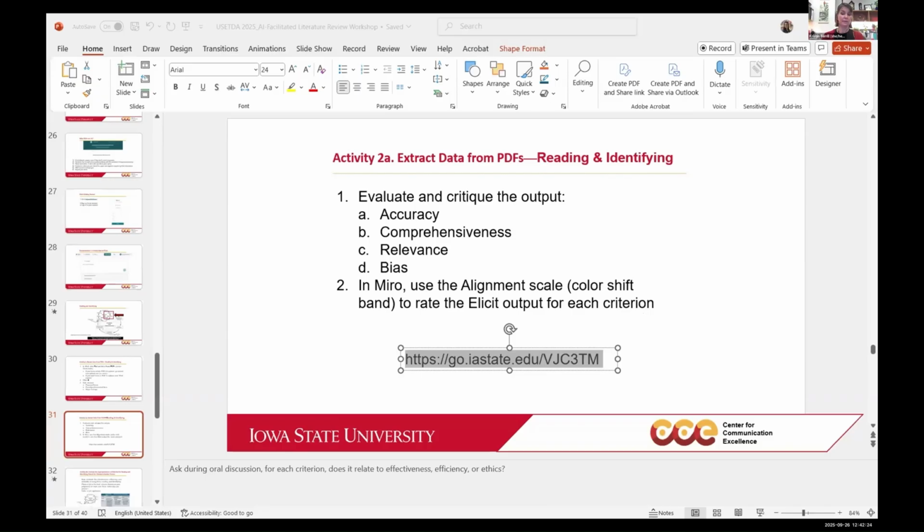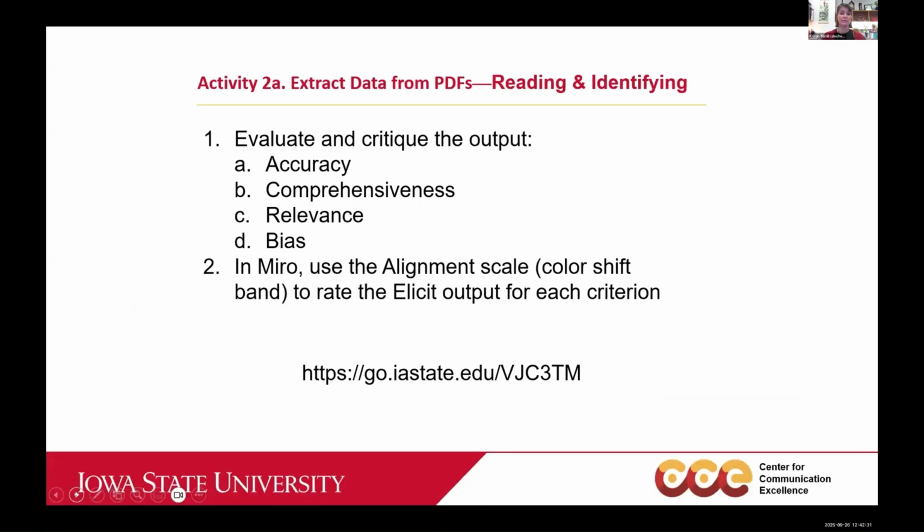The report feature is quite an interesting feature that we can talk about in a little bit. But the key takeaway is that you can share with your students this activity of going through the process of testing something and then critically evaluating it based on the values that matter in academic research, which is things like accuracy, comprehensiveness, relevance, and bias. Those are the criteria that their literature review will also be judged on.